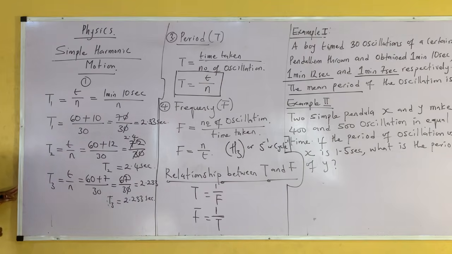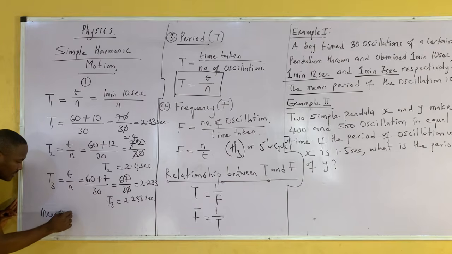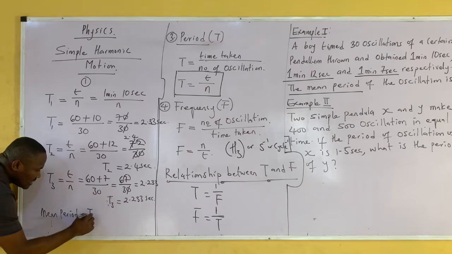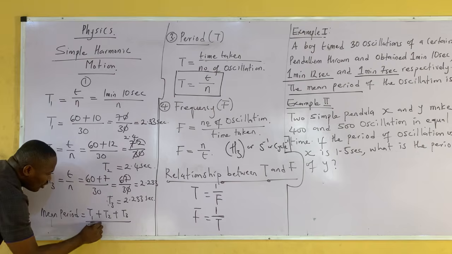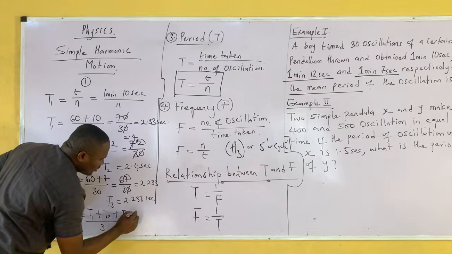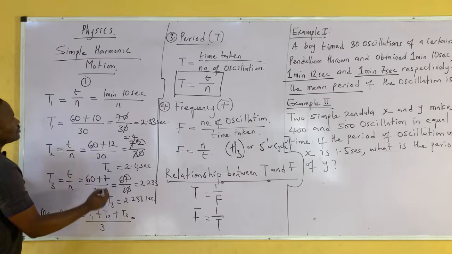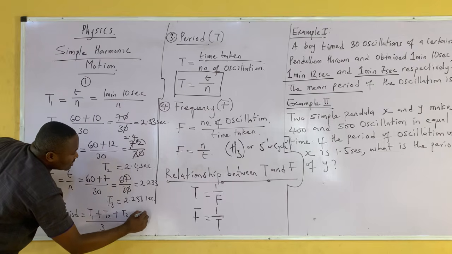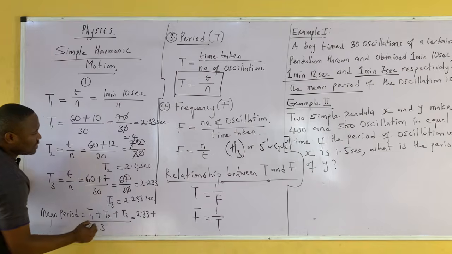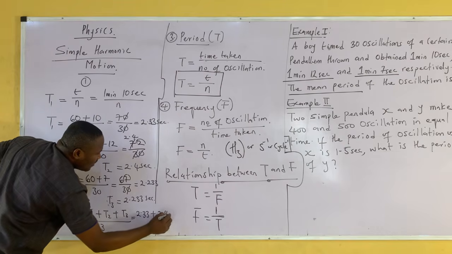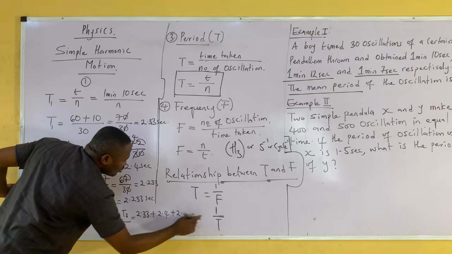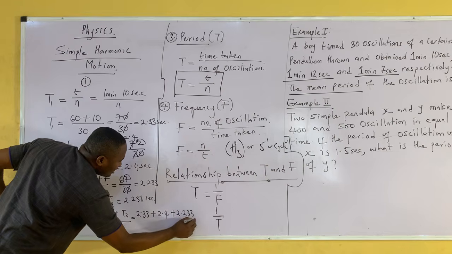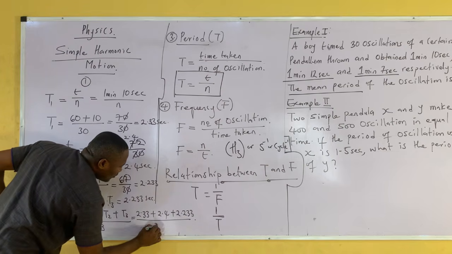Now, what is the mean period? My mean period, this is a mathematical statement, will now be equal to my T1 plus my T2 plus my T3 all over 3. So question is, what is my T1 equal to? My T1 is 2.33 plus my T2, 2.4, plus my T3, 2.233, all over 3.